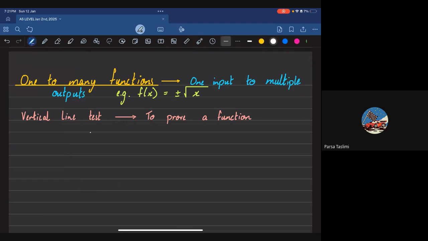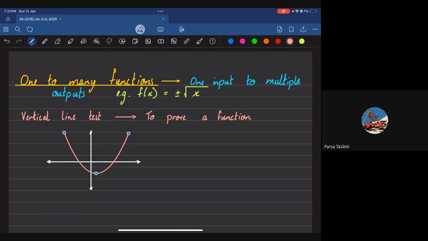Consider a graph on which there's any function at all. Like, for example, there's a quadratic function.